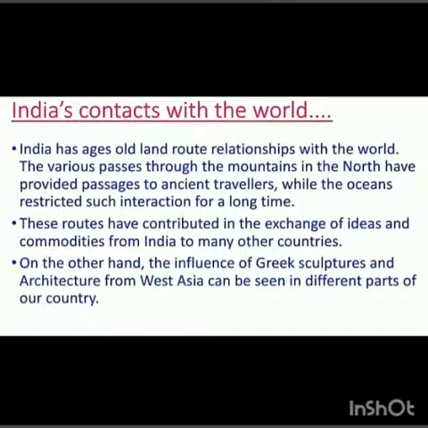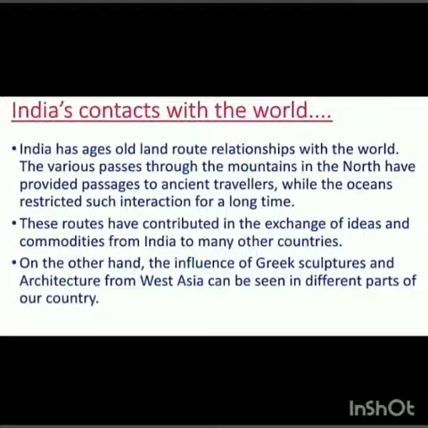That means the ancient travelers used to come to India through these land routes much earlier as compared to the ocean routes. The various passes through the mountains in the north have provided passages to these ancient travelers, while the oceans restricted such interaction for a long time.